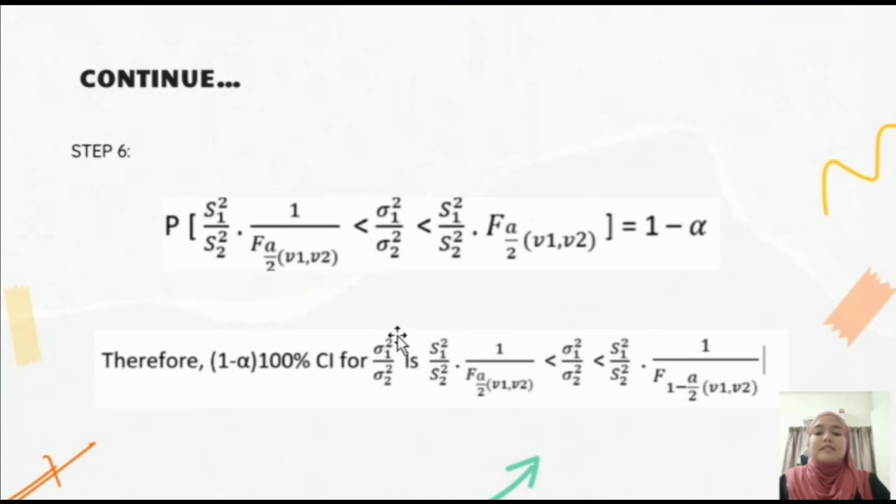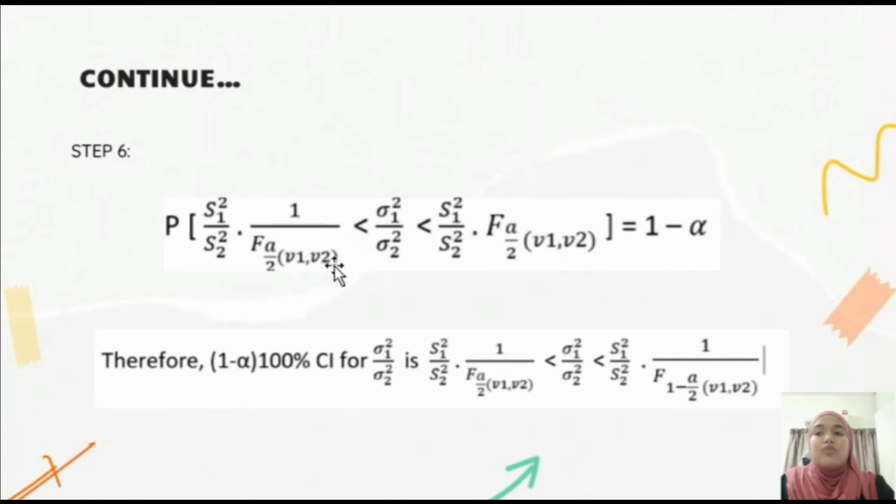So for step 6, as shown here, we already get sigma 1 squared over sigma 2 squared, and also, as you can see here, 1 over f sub alpha over 2 and f sub alpha over 2. These show the bounds of the interval.